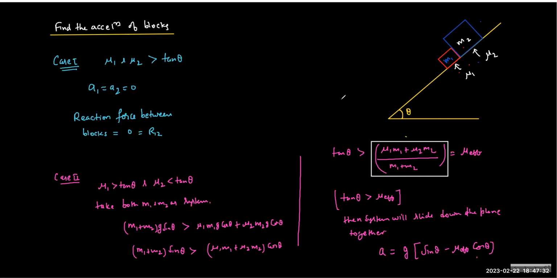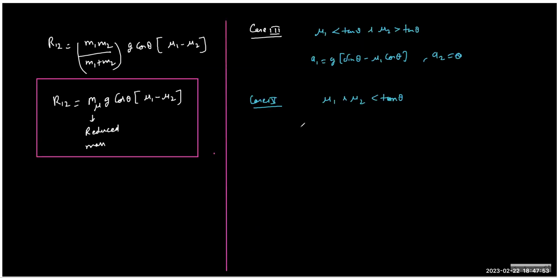So when M1, M2 is given, mu1, mu2 is given, we need to check the acceleration value. Which acceleration is bigger? So we know that lesser the coefficient, more the acceleration, isn't it? So we have to take the case, sub case.